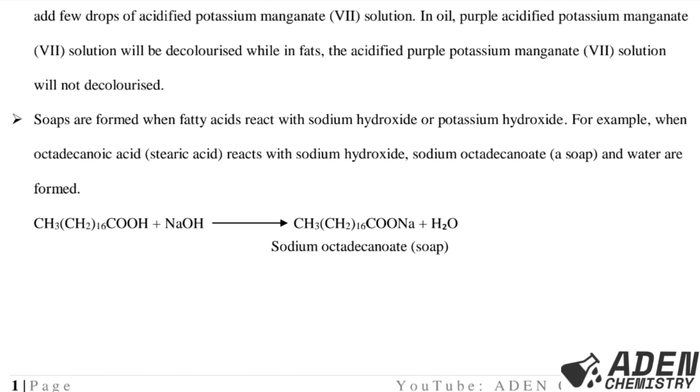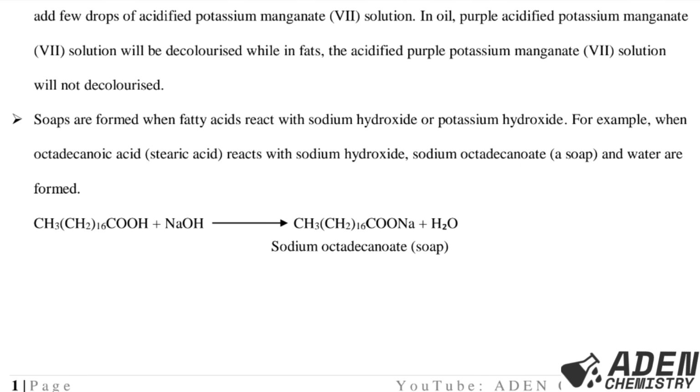Soaps are formed when fatty acids react with sodium hydroxide or potassium hydroxide. For example, when octadecanoic acid, also known as stearic acid, reacts with sodium hydroxide, sodium octadecanoate and water are formed. The sodium octadecanoate is our soap or soapy detergent.